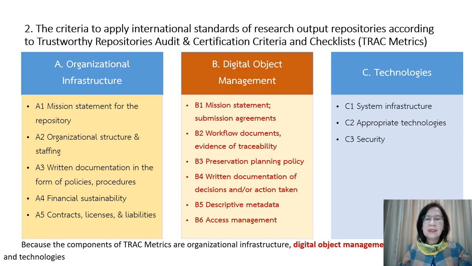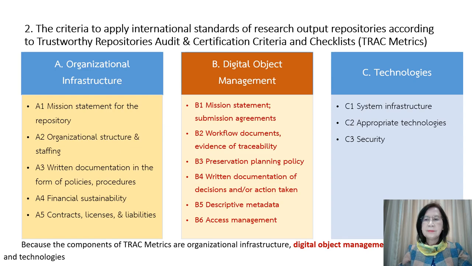And the criteria to apply international standards of research output repository according to the Trustworthy Repository Audit and Certification criteria and checklist. The components of the TRAC metrics are organizational infrastructure, digital object management, and technologies.